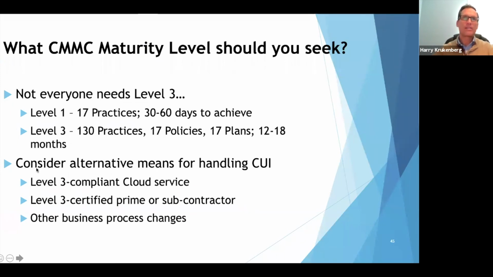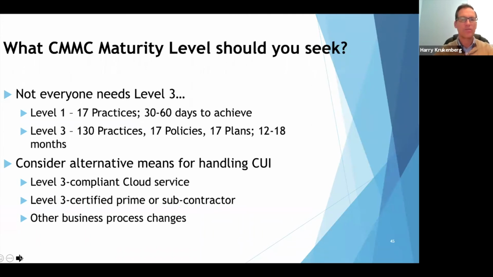So what CMMC maturity level should you seek? This is probably the number one question, other than cost, that we get from our customers or that we hear in various forums talking about CMMC and CMMC certification. Now, the bottom line is that not everyone needs to be level 3.